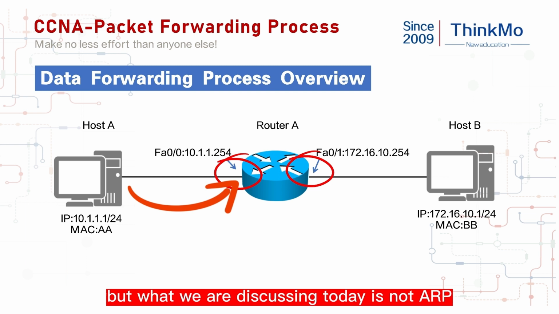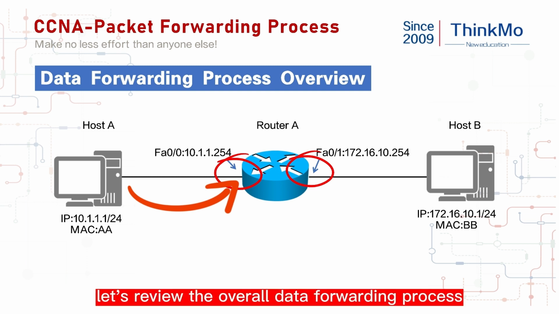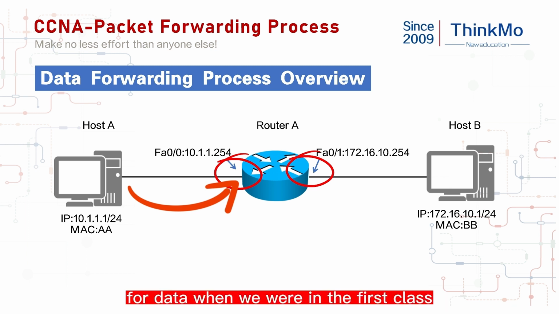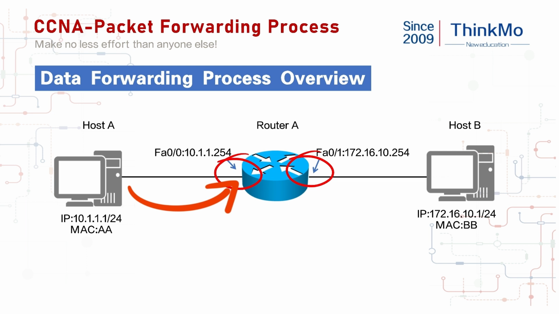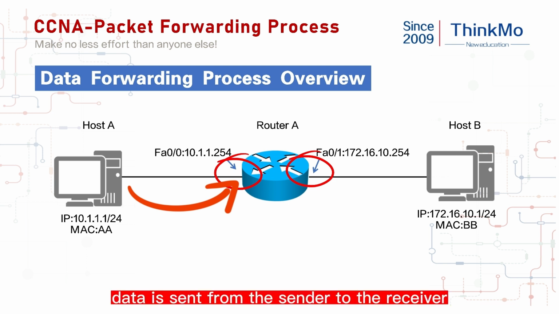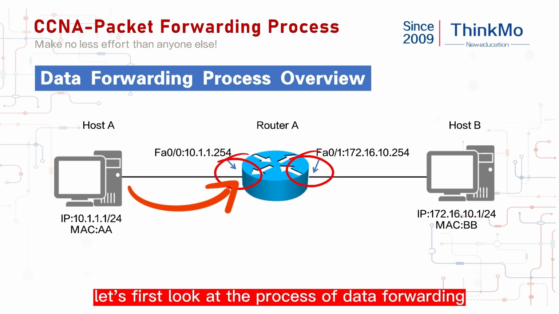But what we are discussing today is not ARP. Let's review the overall data forwarding process. In the first class, we learned the overall encapsulation of the data. Data is sent from the sender to the receiver. What kind of relationship exists when data is processed between the two?